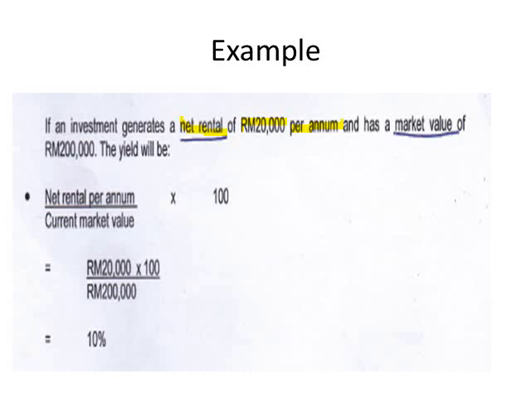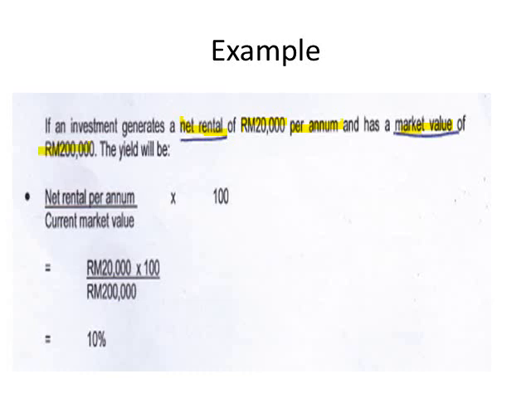However, if the question gives you, let's say, a net rental of 20,000 per month, you need to times by 12 months, because the income or rental received should be on a yearly or per annum basis. The next information is market value, RM 200,000.